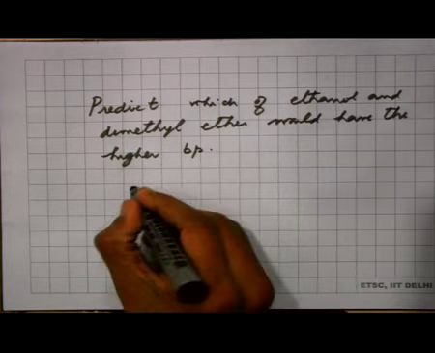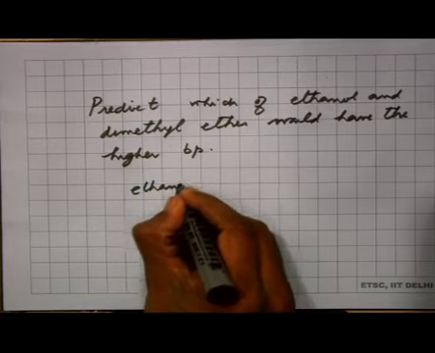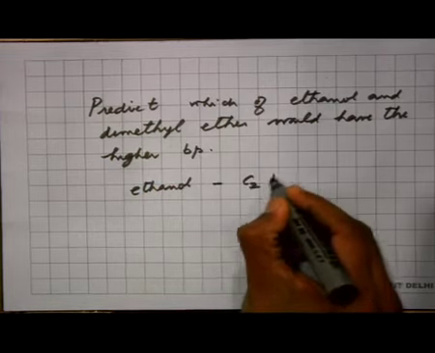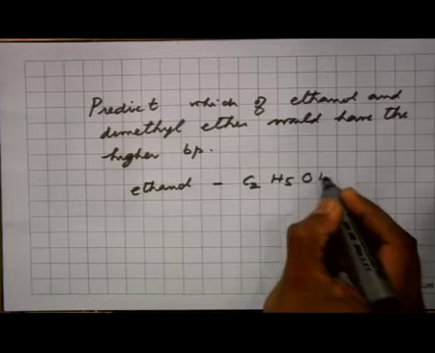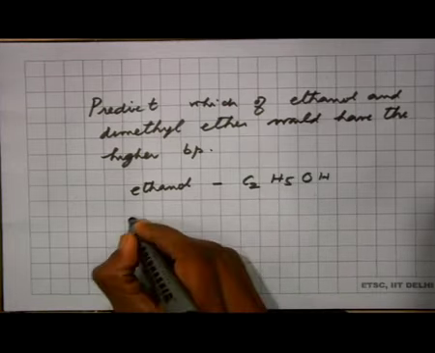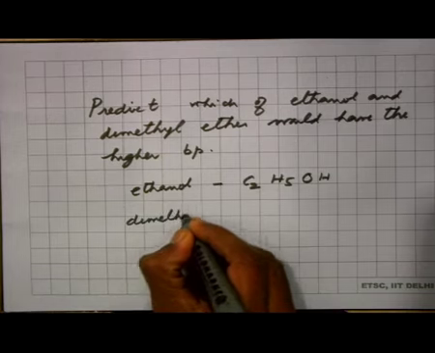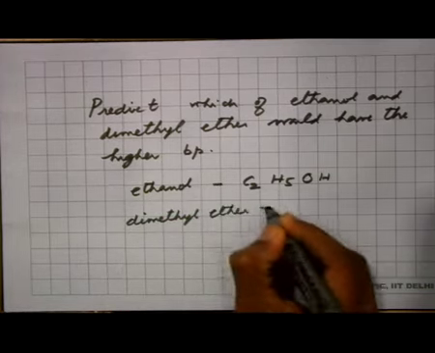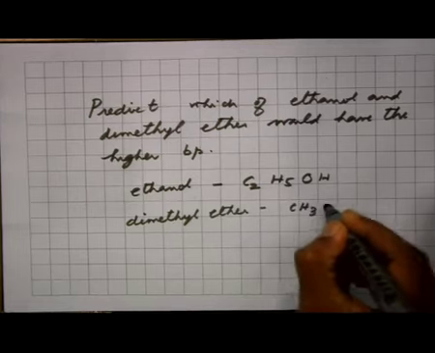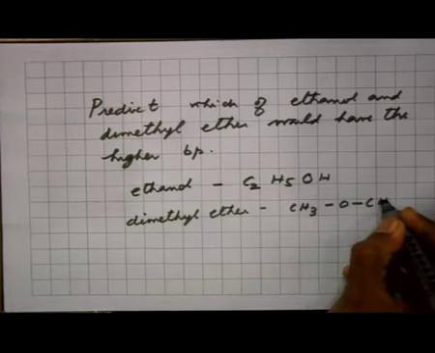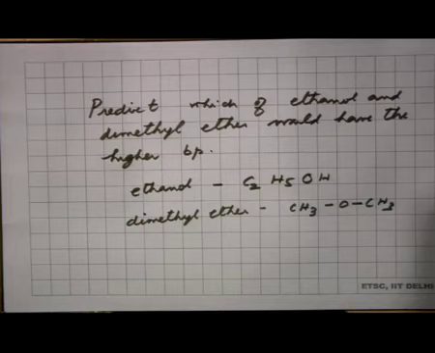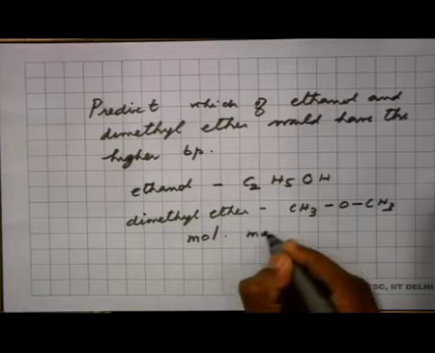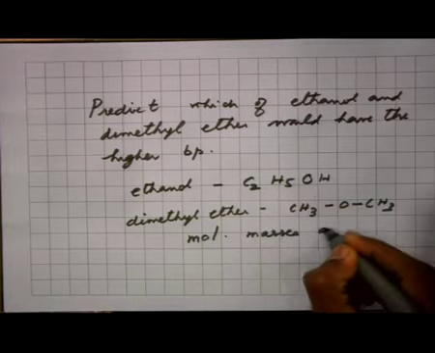So, ethanol is C2H5OH and dimethyl ether is CH3OCH3, which means that the molecular masses, molar masses are the same.